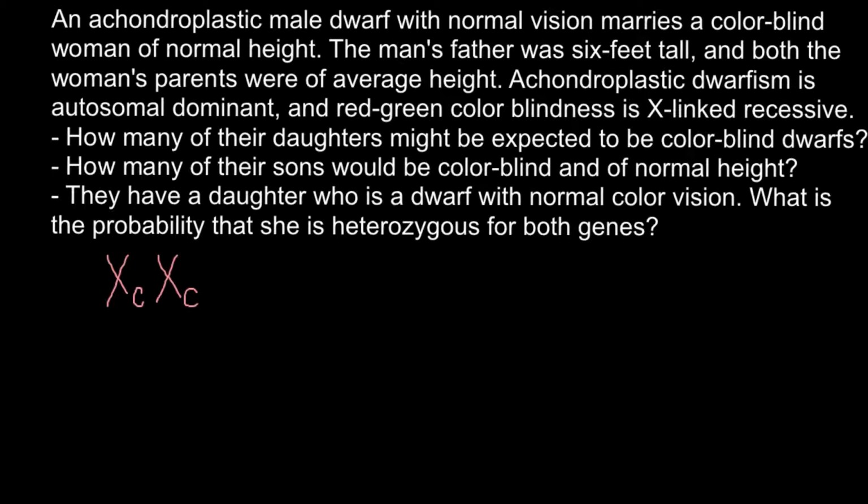Because if at least one of the X chromosomes had the dominant allele, and an allele is just a version of the gene, so one gene can have many versions. So in this case we have a version with two recessive alleles. That's why this female has this genetic disorder and is colorblind.